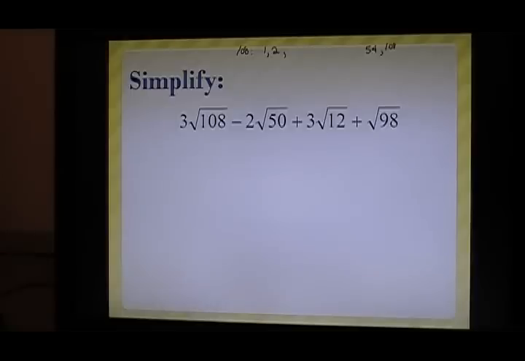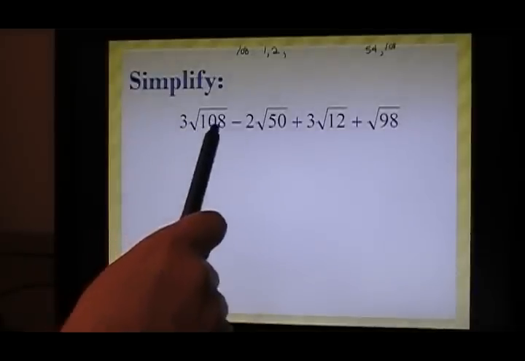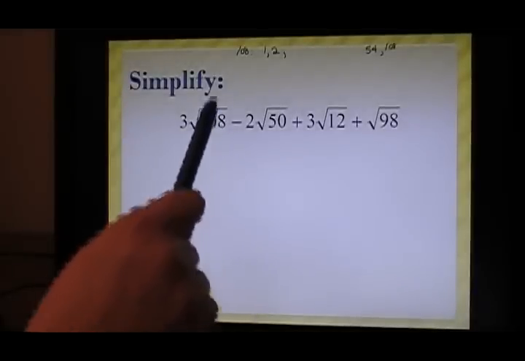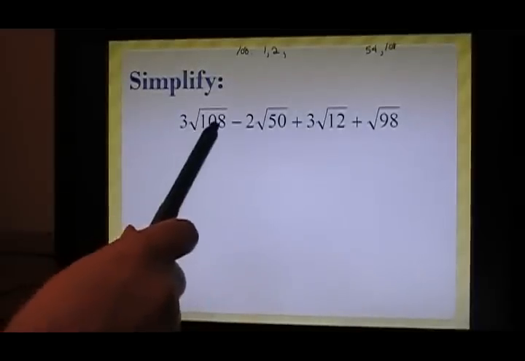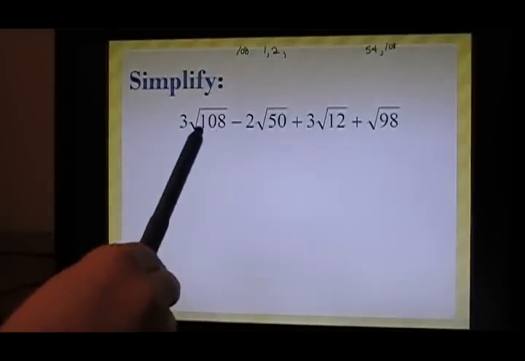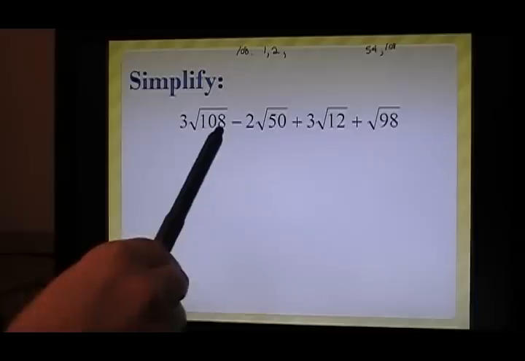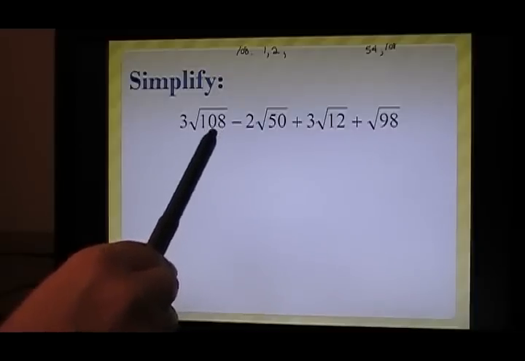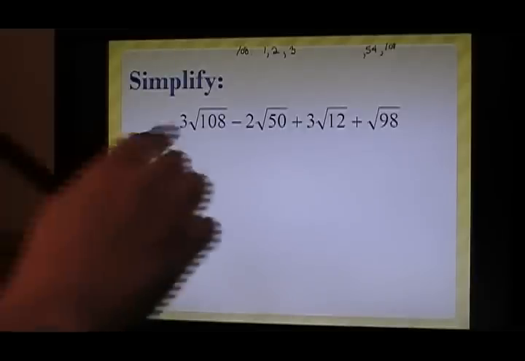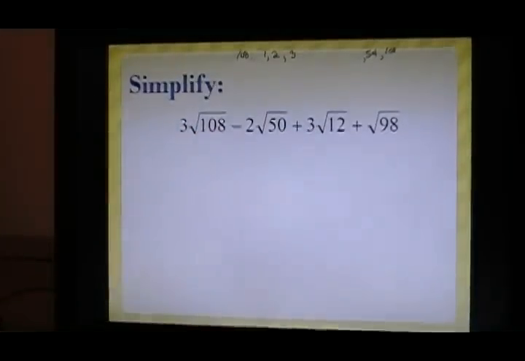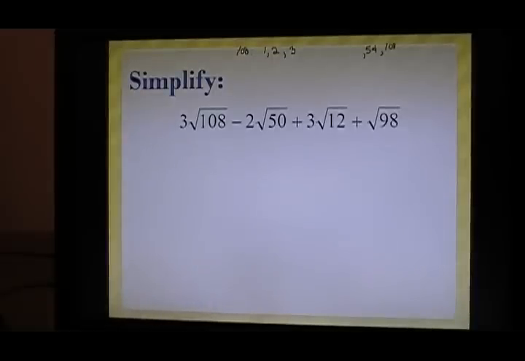The divisibility rule for 3's are, if you can add the digits together and come up with a number that's divisible by 3, then the number itself is. So if I add these digits, 1 plus 0 plus 8, that's 9. And since 3 goes into 9, I know that 3 will go into 108. So 3 and 108 divided by 3, that would be 36.